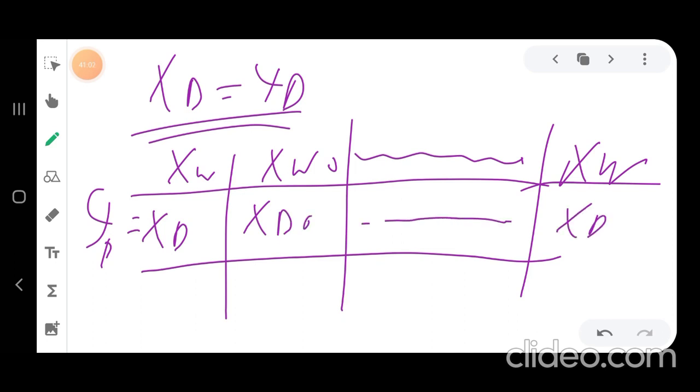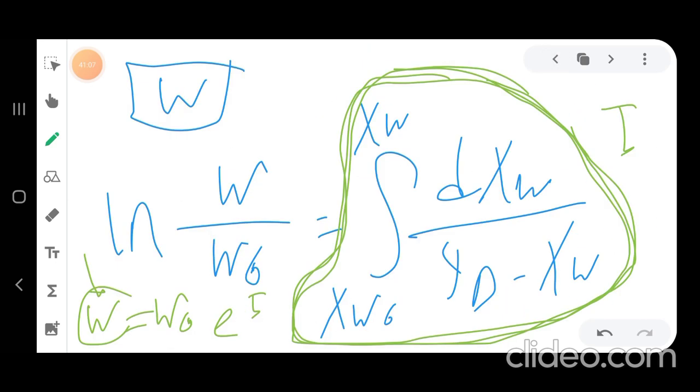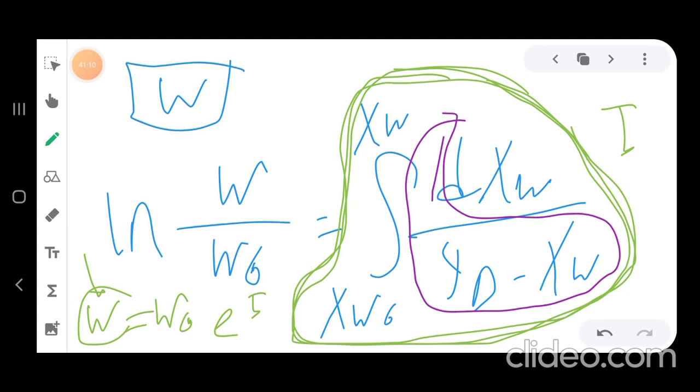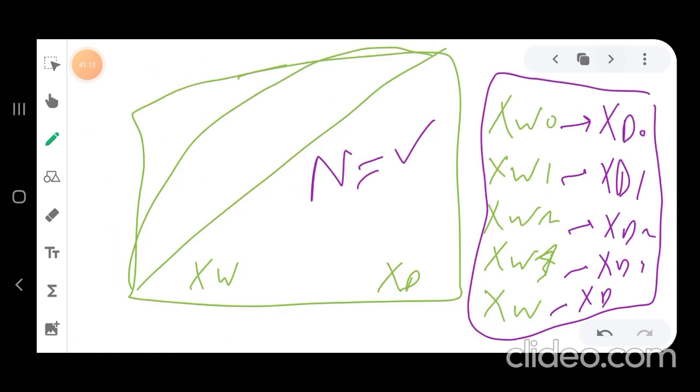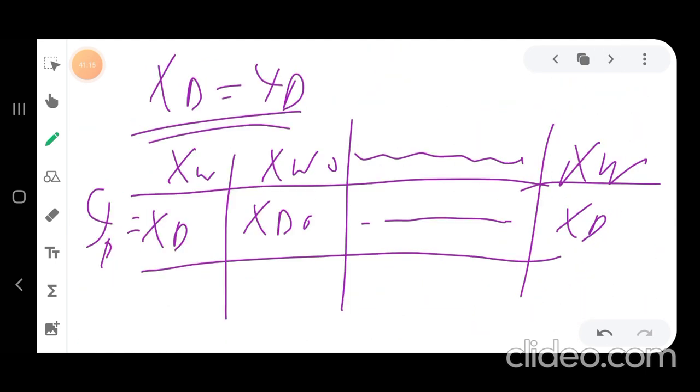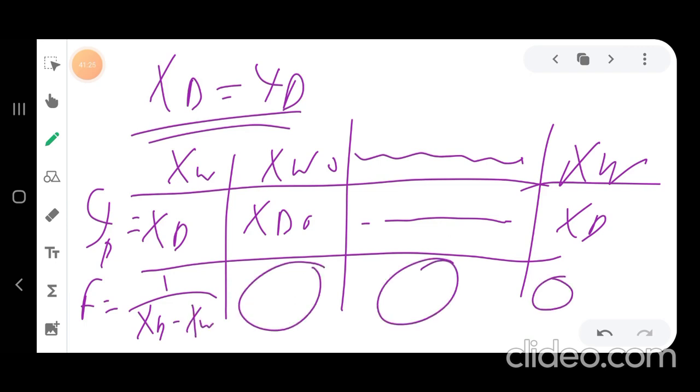Then what do you want to integrate? You want to integrate 1 over yd minus xw. Okay, then you will find f of x, which is 1 over xd minus xw. So you will find these values. Then you see, in most cases you will have unequal intervals.